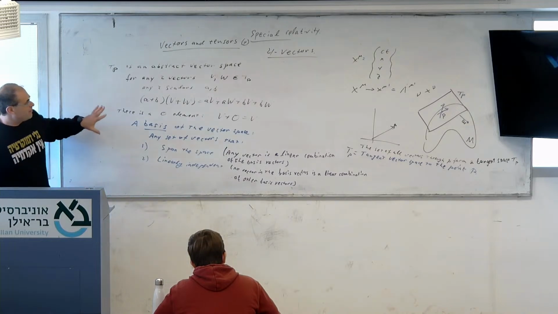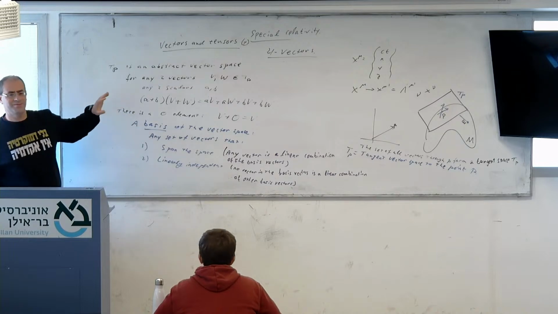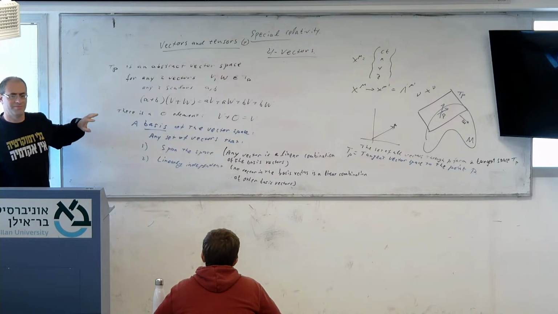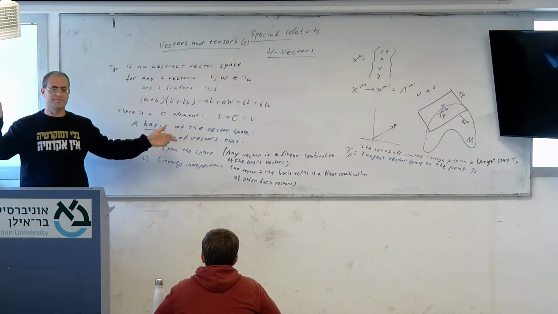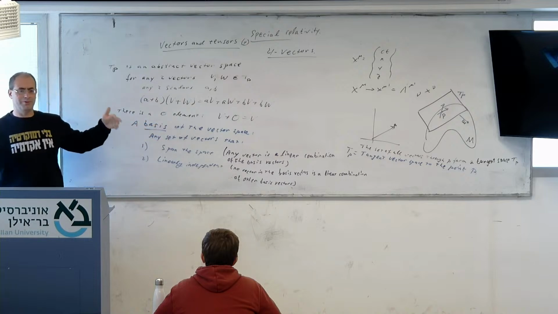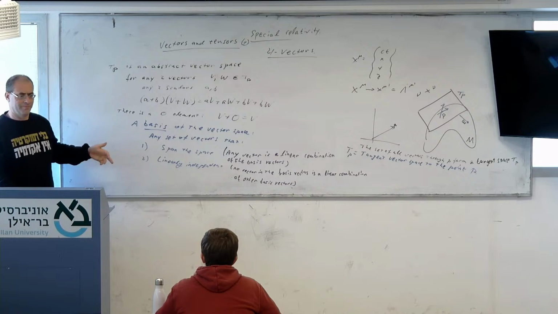So for a given vector space, how many different bases are there? One? Infinite. Okay, yeah. For a given vector space, I can think of an infinite number of bases. But what is in common for all these bases? These two conditions.